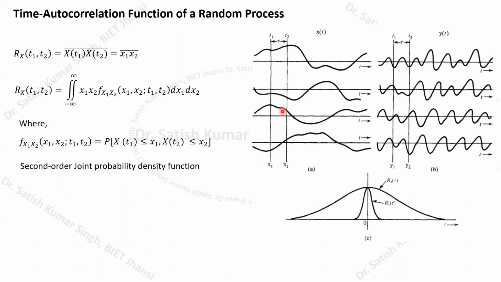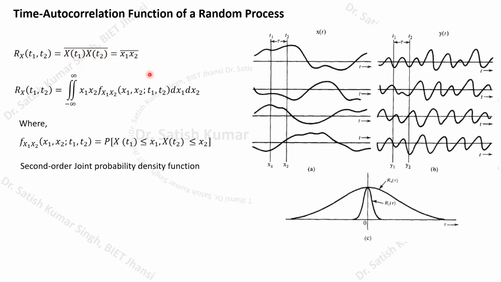After calculating these products, all of them have to be averaged out. We have to calculate the average over all these sample functions. That means we have to calculate the ensemble average. This particular bar reflects that we have to calculate the ensemble average.